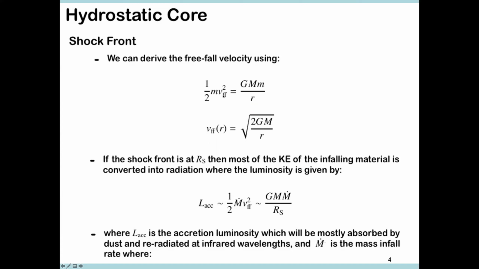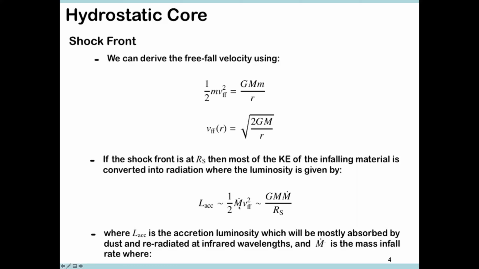So the free fall velocity is equal to the square root of 2GM over R. Assuming that the shock is at the surface of the protostar, Rs, and that most of this kinetic energy is converted into radiation, you can estimate your accretion luminosity by this expression here, 1/2 v_ff squared times M dot.